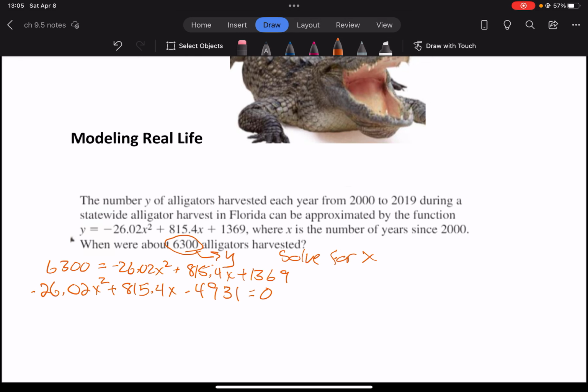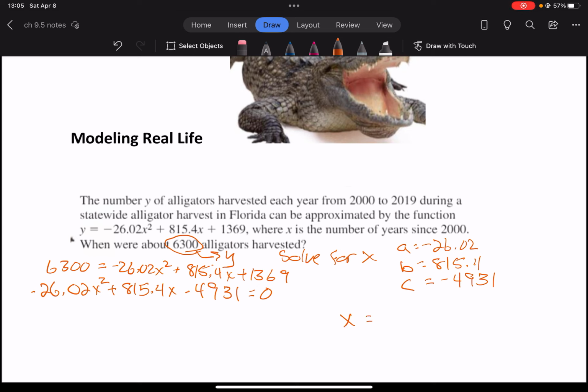Now I'm going to write down my A is negative 26.02, B is 815.4, and C equals negative 4,931. And so when we look for x, we're going to end up with this formula here.